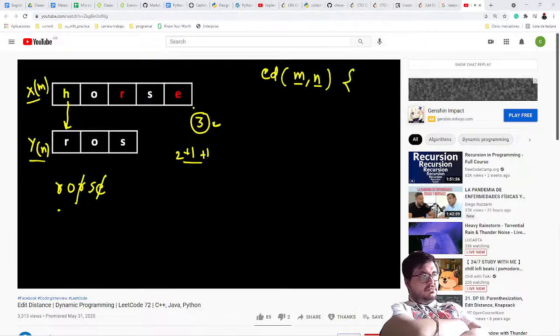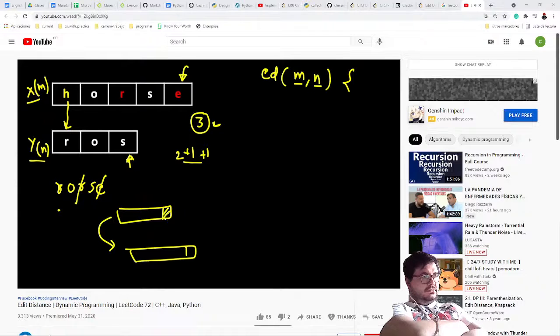So there can be a few scenarios. If you look at the last character, these can be either equal or non-equal. If these are equal, then your job is reduced. So you have two strings, their last characters are the same, and you have to convert this to this, and this matches.